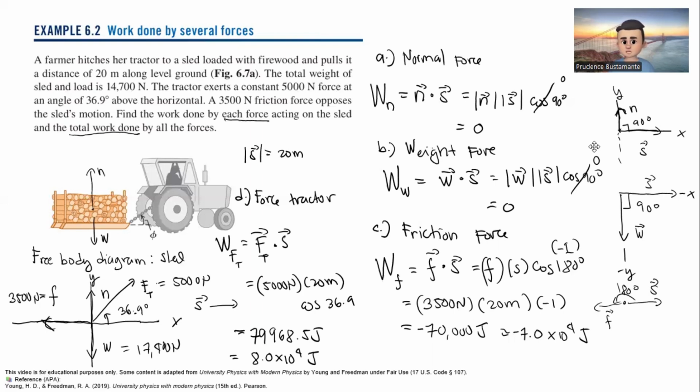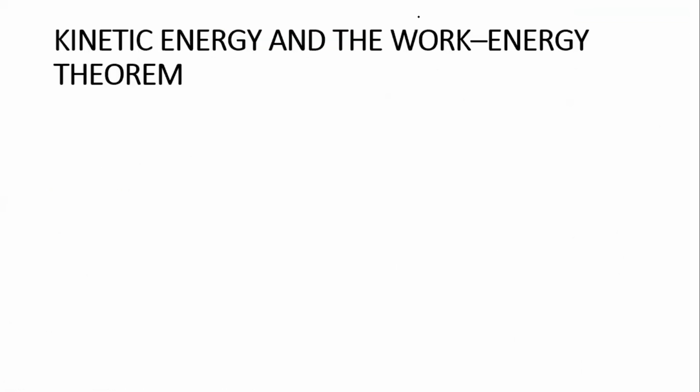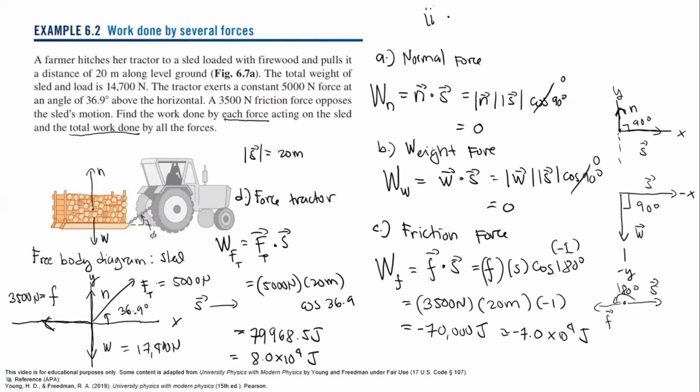So what is now the total work done? You're asked here, what is the total work done by all the forces? The total work is just the sum of the work done by the normal force, the work done by the weight force, plus the work done by the friction force, and the work done by the force of the tractor.